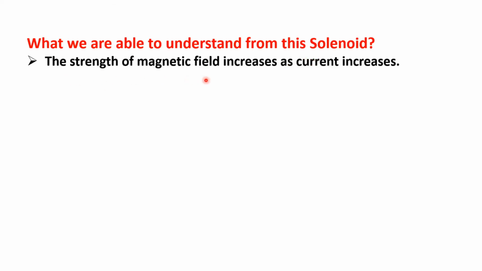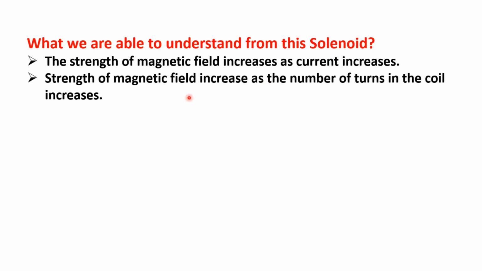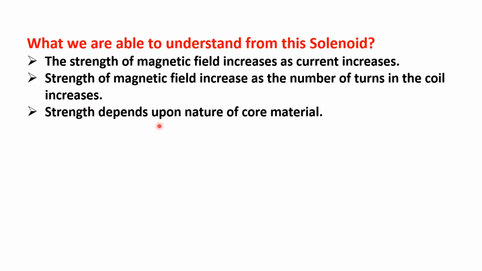What are we able to understand from this solenoid? The strength of magnetic field increases as the current increases. The strength of magnetic field increases as the number of turns in the coil increases. The strength depends upon the nature of core material.